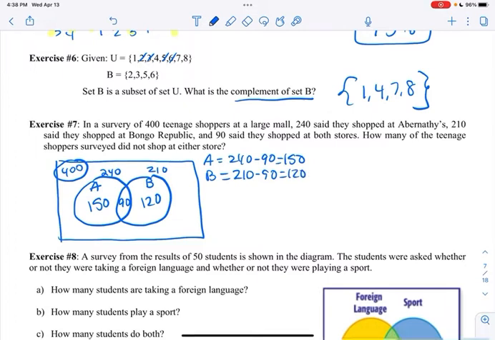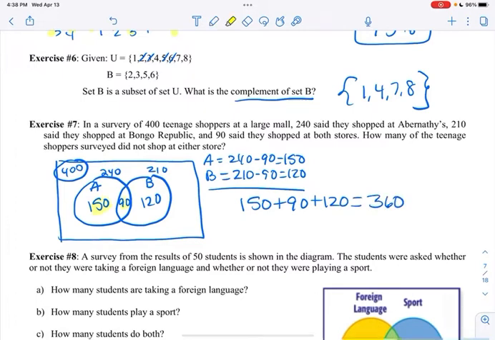All right. So I want to know how many of the teenagers surveyed did not shop at either store. Well, let's add up the 150, the 90 that shopped at both, and the 120. So there's 360. Again, I'm just adding up these numbers right here: the ones that shopped at A, B, and the ones that shopped at both.